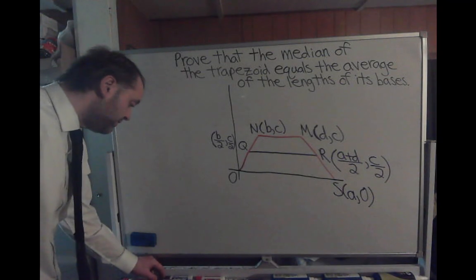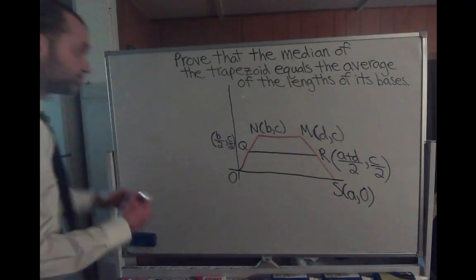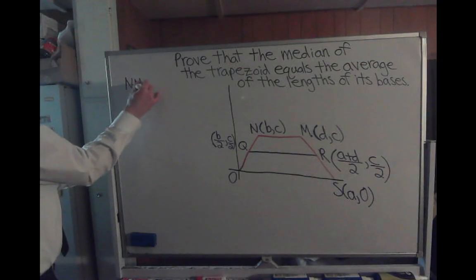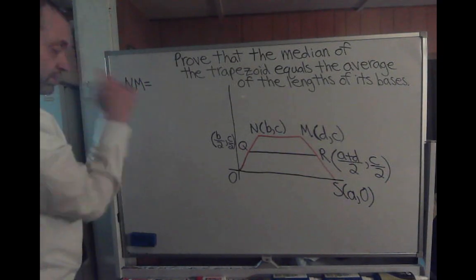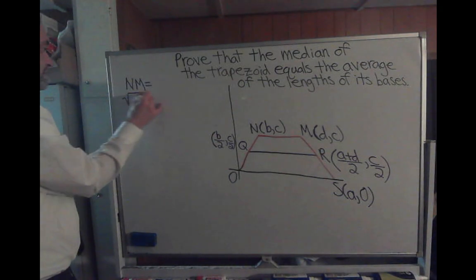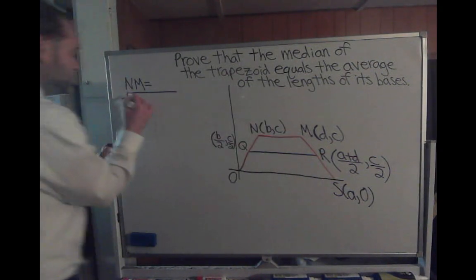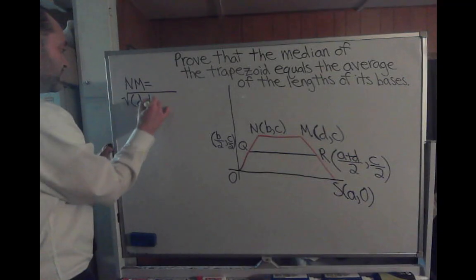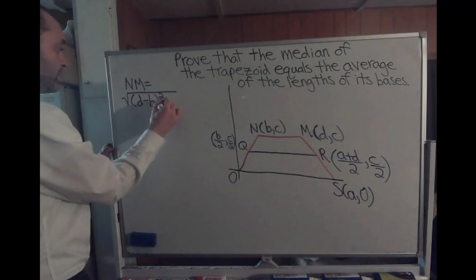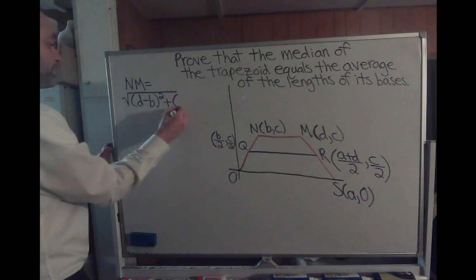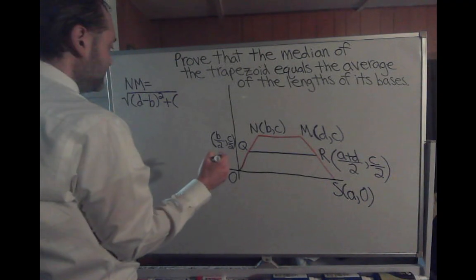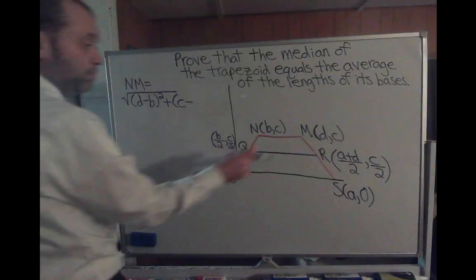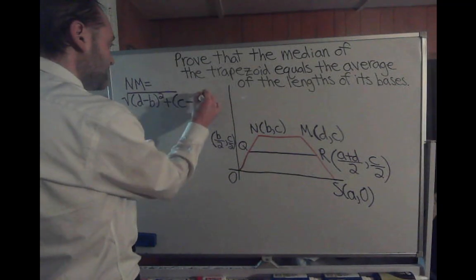Well, why don't we find NM? Let's start out with the length of NM. So, of course, we'll use the distance formula. Take your x2 of D minus your x1 of B, raise that to the second power, plus then you'll take your y2 of C minus your y1 of C raised to the second power.